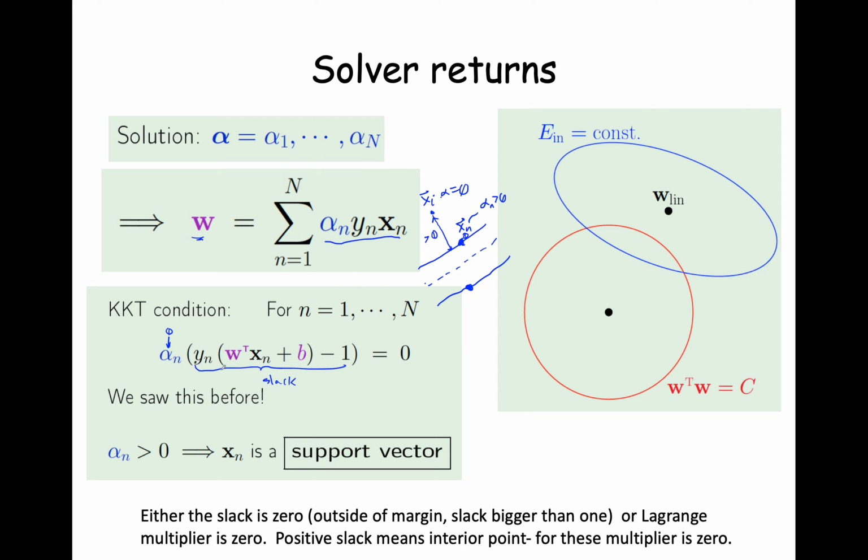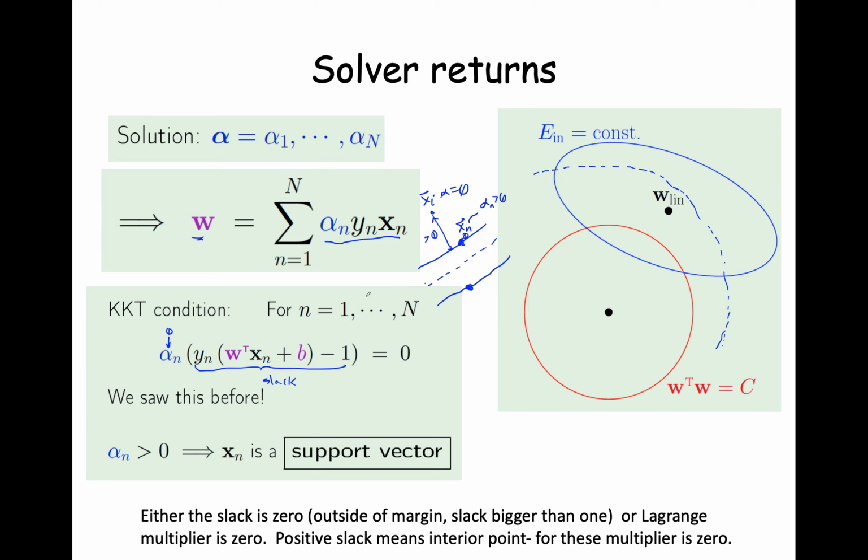Now, we've seen something like this before when we talked about regularized regression. If the constraint is vacuous, meaning that, let's say the constraint is this dotted blue line, and it includes the WLN solution, the optimal solution for the unconstrained version, well, what is our regularization parameter lambda? It's 0, because the penalty, this constraint here, the red, does not come into play.